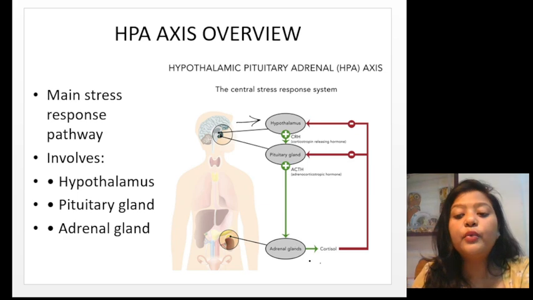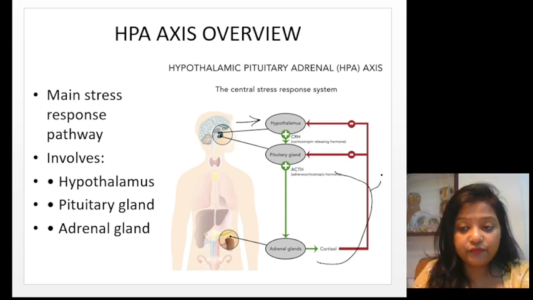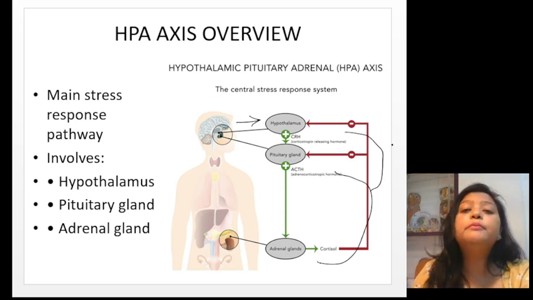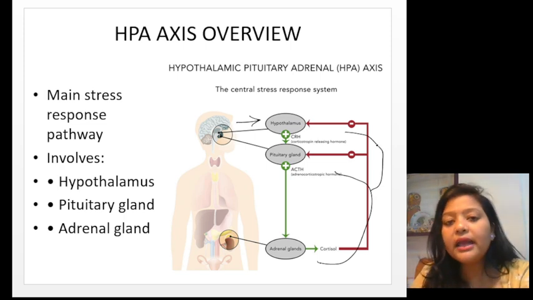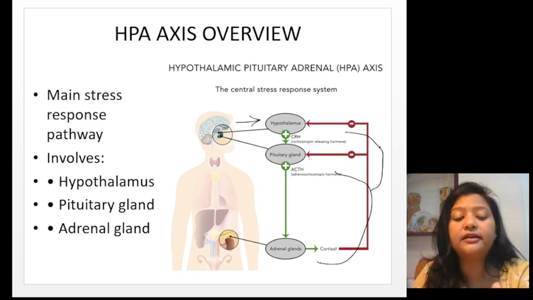But when cortisol is produced, it will go and regulate the functioning of the hypothalamus and pituitary gland. It will inhibit their actions. We'll learn the details in my future slides. So you can say it's a negative feedback or negative regulation by the cortisol.